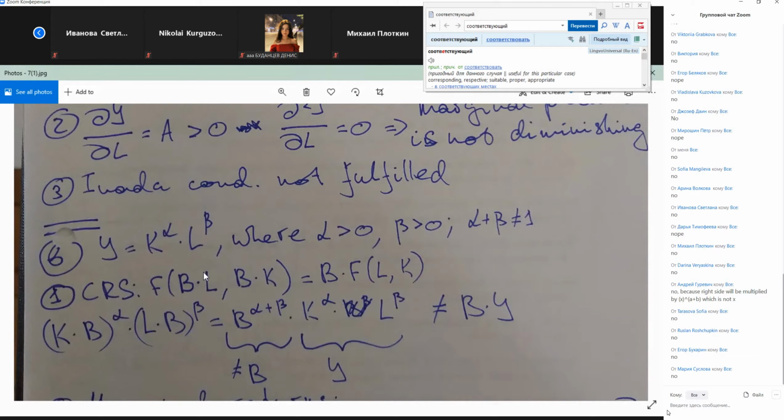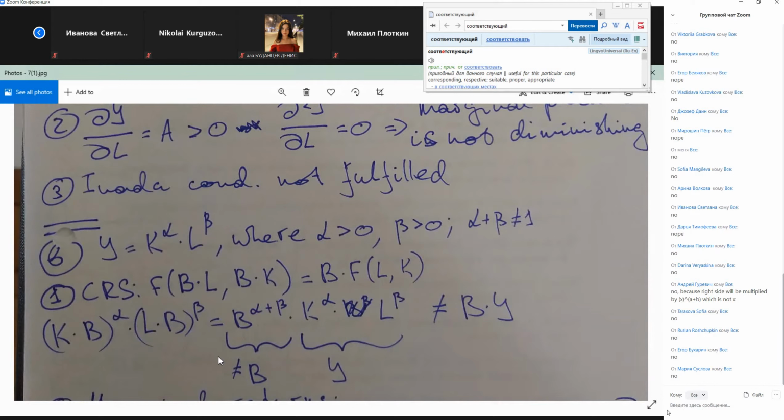If we multiply both inputs by this letter b, it should be the same as multiplying the whole output by this letter b. This is what constitutes constant returns to scale. Here we see that if we multiply capital and labor by b, we take it out of the brackets and have b to the power of alpha plus beta.